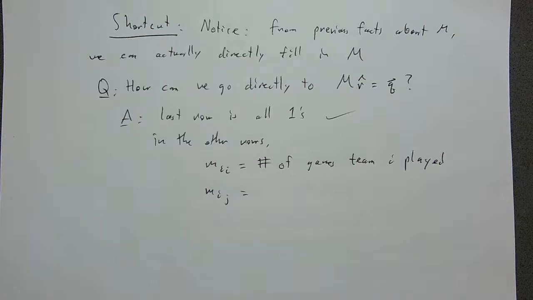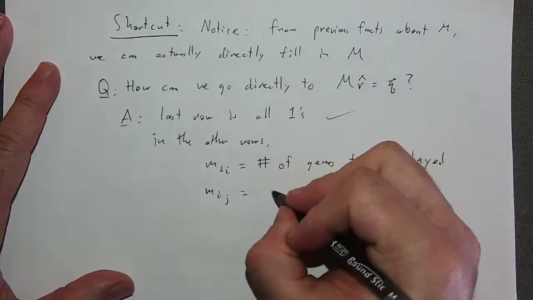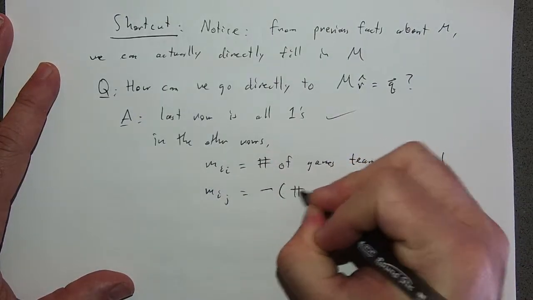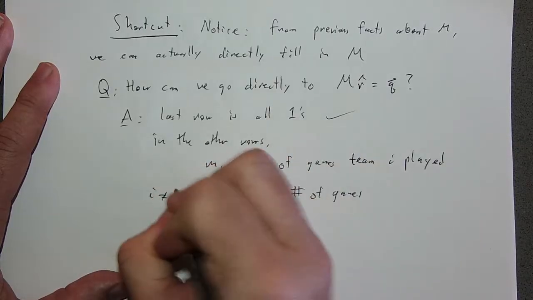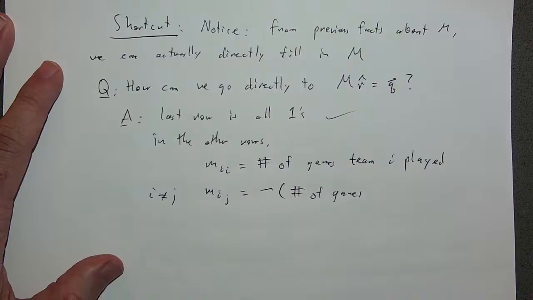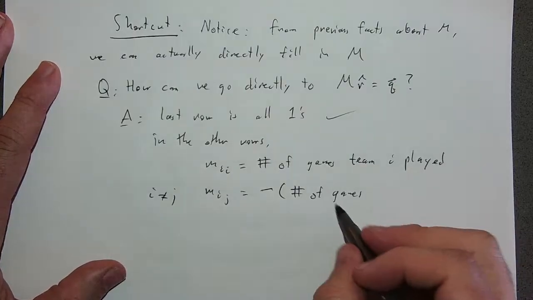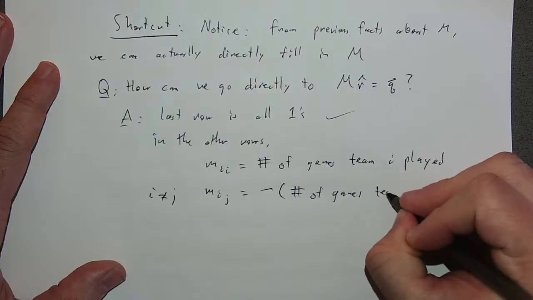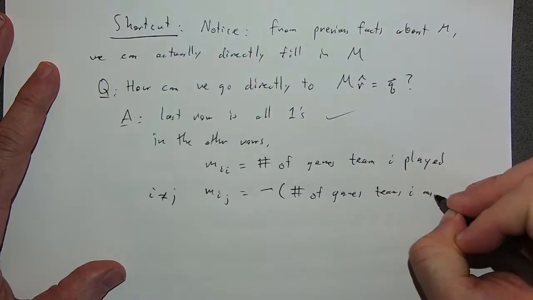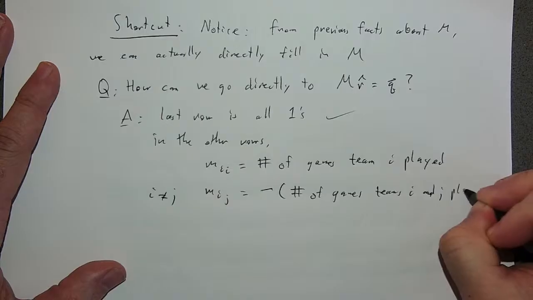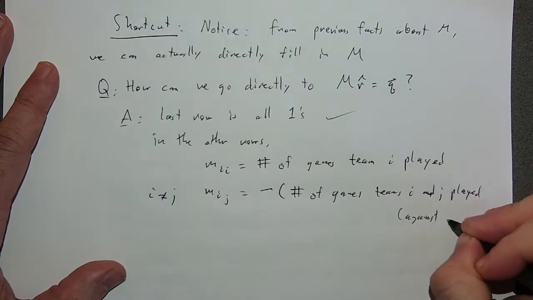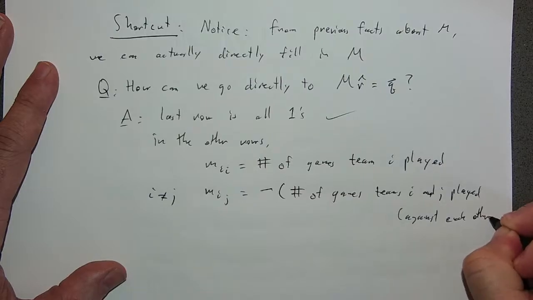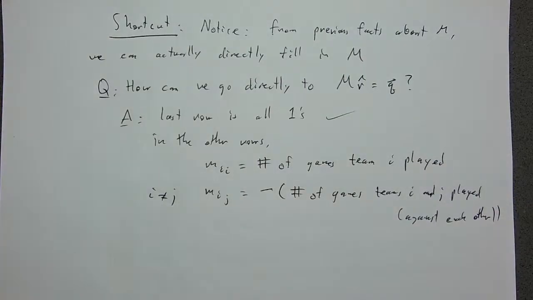And m sub ij is minus the number of games, and this is for i not equal to j, because this obviously doesn't work if i and j are equal. So m sub ij is equal to the negative of the number of games teams i and j played against each other. Maybe I'll add that as a parenthetical statement.